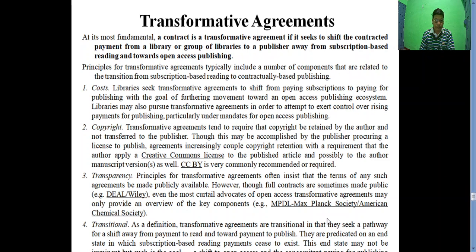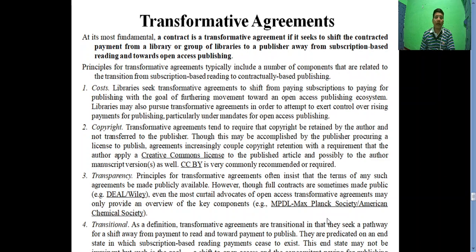Then, the transitional. By definition, transformative agreements are transitional in that they seek a pathway for a shift away from payment to read and towards payment to publish. They are predicated on an end state in which subscription-based reading payment ceases to exist.